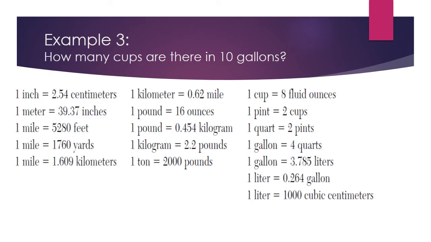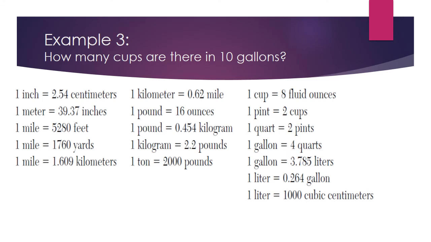And looking at this reference sheet, I cannot see one fact that can directly help me change gallons into cups. But I can use 1 gallon to 4 quarts, and then change 1 quart into 2 pints, and then change 1 pint into 2 cups. So I'm going to need 3 different conversion ratios to put these 3 different facts into my dimensional analysis.